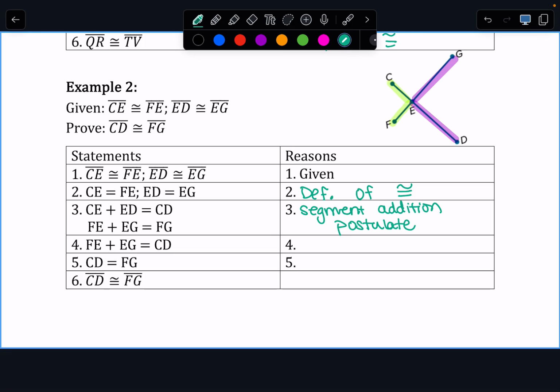We eventually need to get to CD equals FG. Well, we somehow need to say that CD and FG are the same. That's our goal. Okay. So, where the heck did this come from right here?